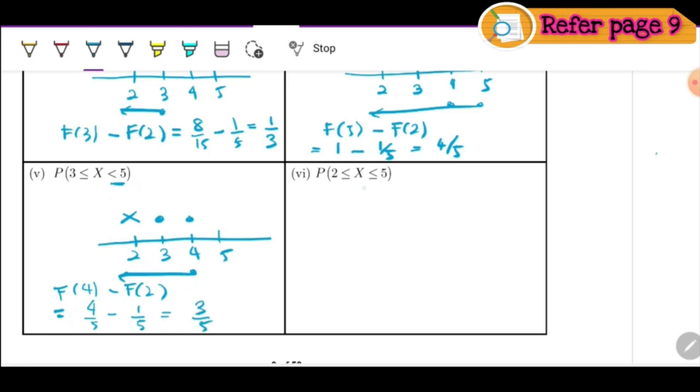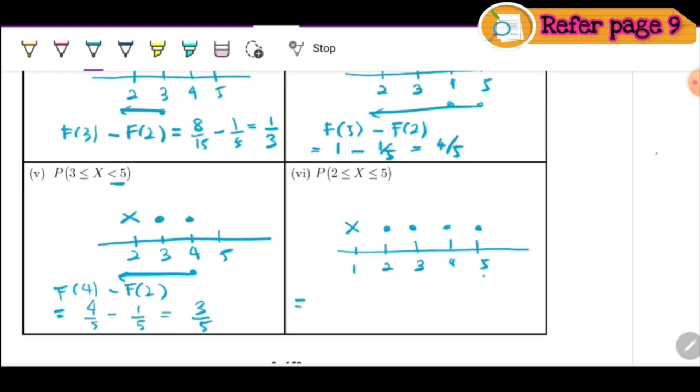Question number 6. Find the probability between 2 and 5, both included. So draw a number line, 2, 3, 4, 5. So we can put 1 here. So what we want is 2, 3 until 5. So we don't want x less than or equal to 1 here.